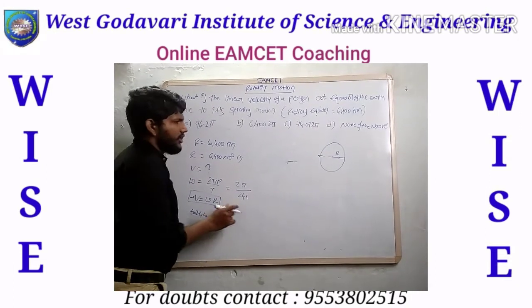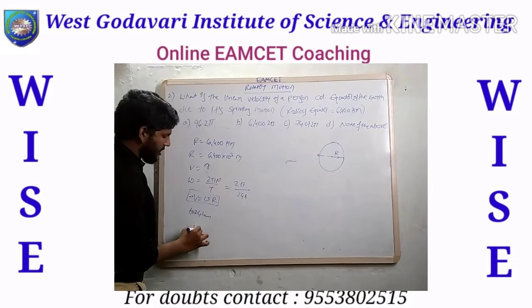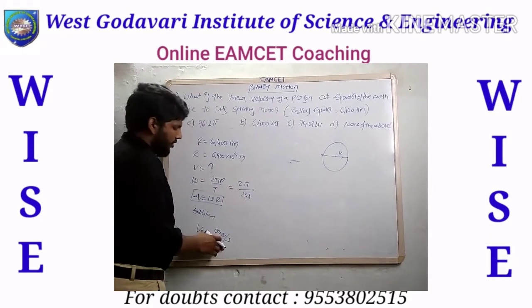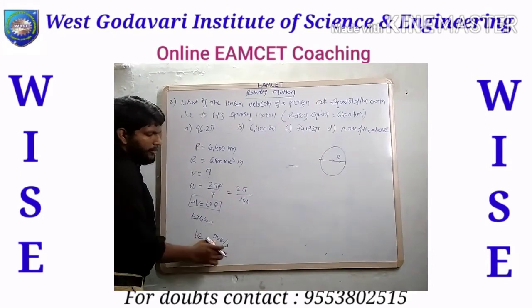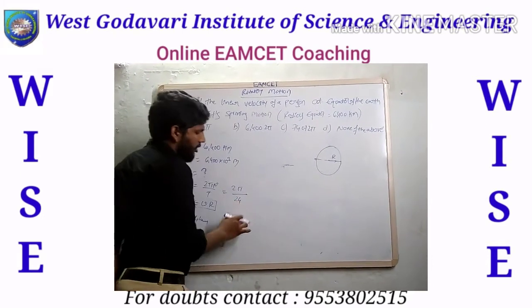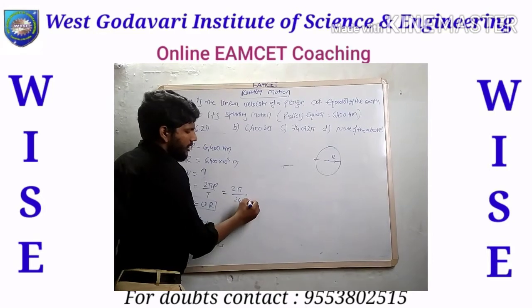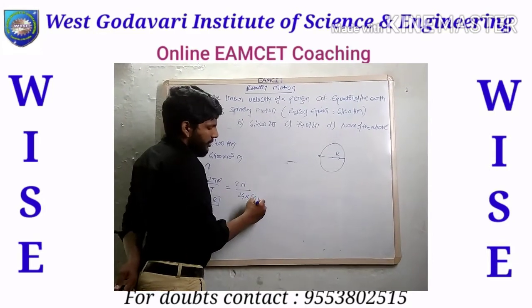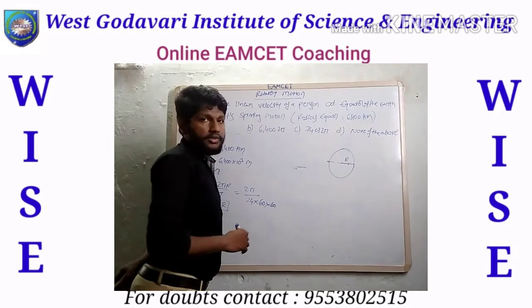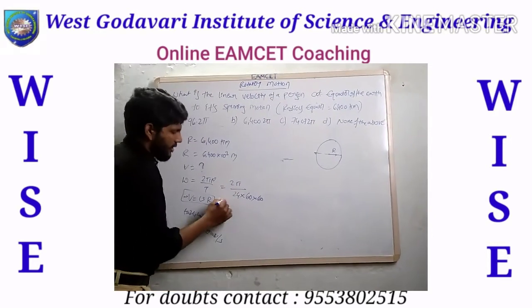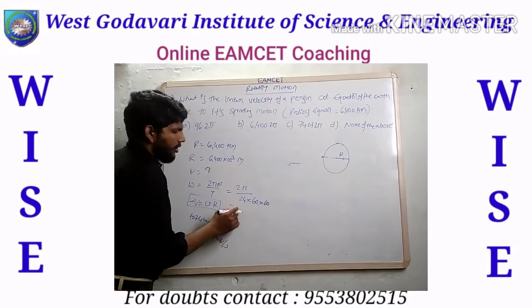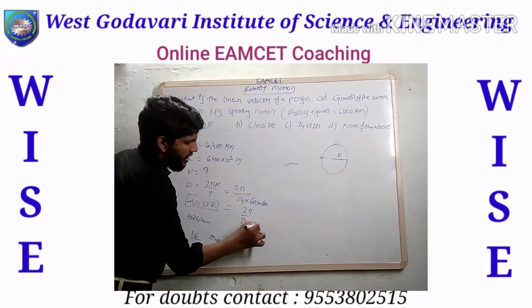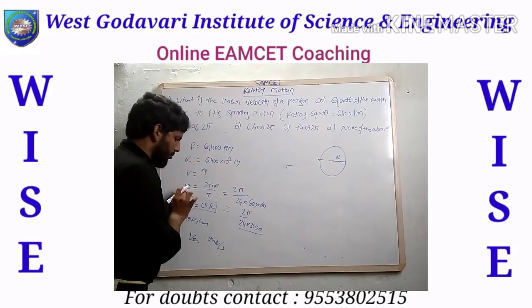But here we need to find the velocity with the formula in radians per second, so we need to consider the time in seconds. That means for 24 hours, there are 60 minutes for each hour, and for every minute there are 60 seconds. That means 60 into 60, 3600. Okay, 2 pi by 24 into 3600. This is the value of omega, right?